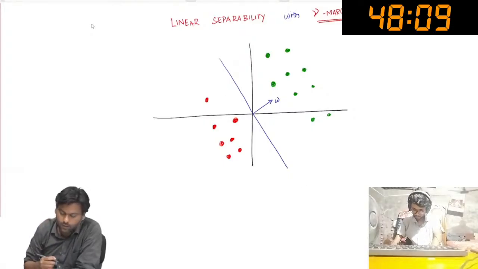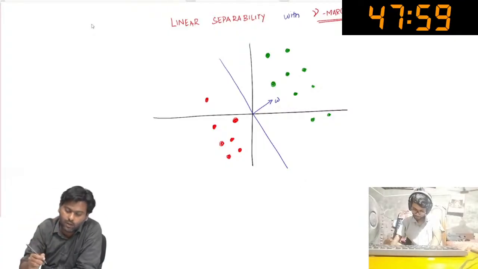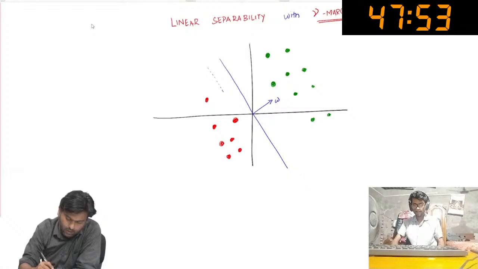Maybe I will remove this. Now it is not just linearly separable, it is also linearly separable with gamma margin. What does that mean? That means that I can draw these lines which are parallel to the separator.